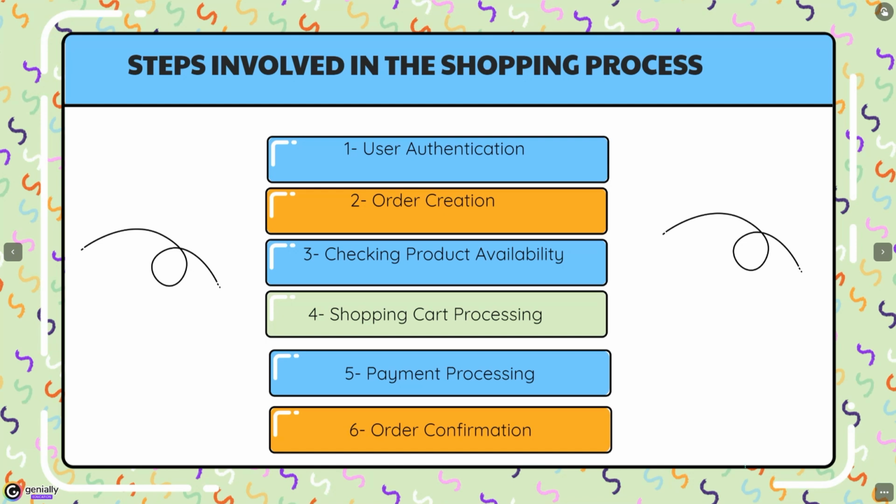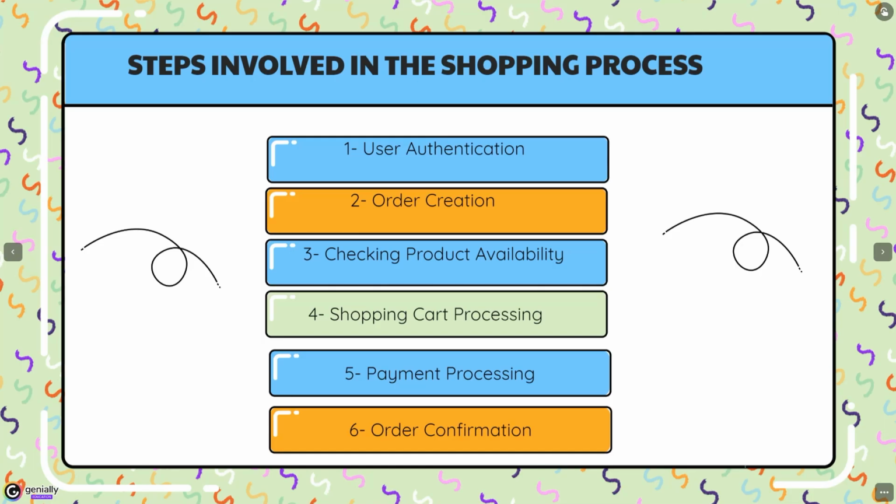The front end calls the order service with the user's token and order details. The order service verifies the token by calling the user service. Next, checking the product availability. The order service checks product availability by calling the product service.